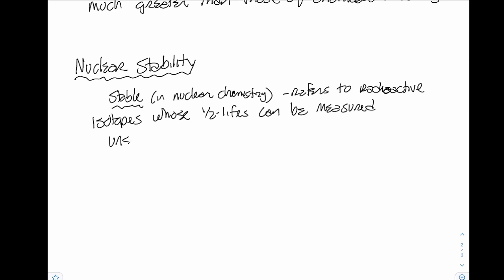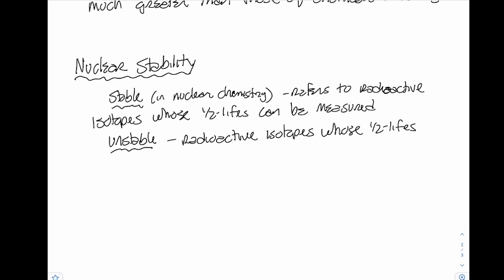If we say unstable, again in nuclear chemistry, we're talking about radioactive isotopes whose half-lives cannot be measured.